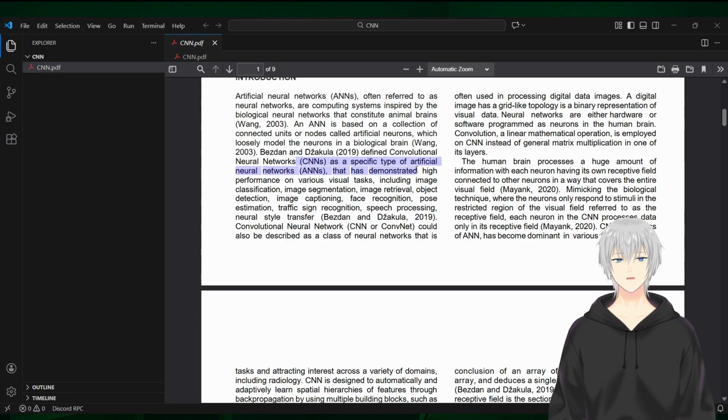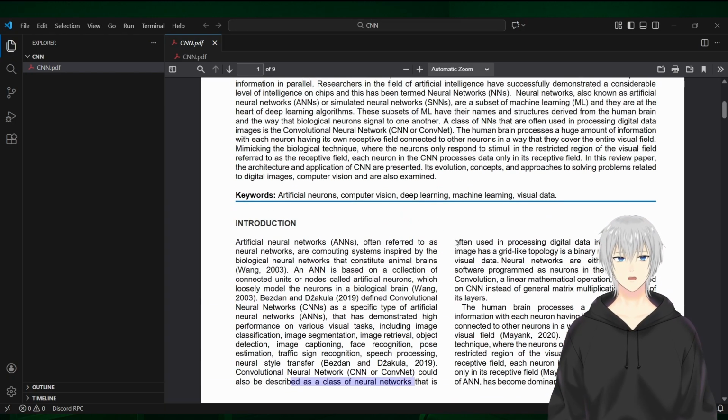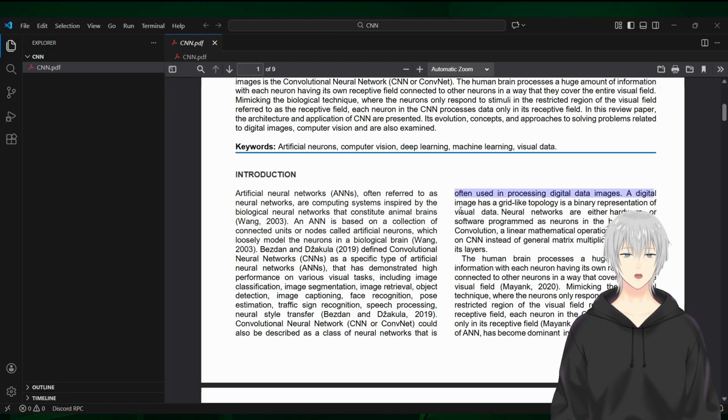The high performance of visual task distillation information. Describe a class of neural network that is often used in processing digital images. A digital image has a grid-like topology, a binary representation of visual data.